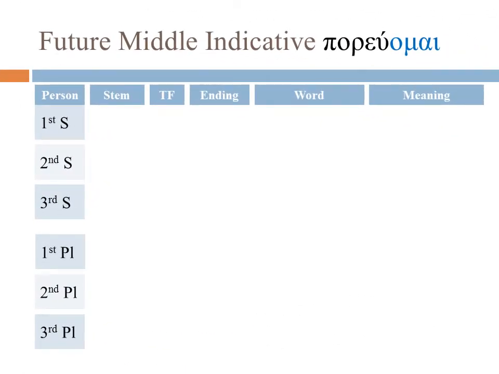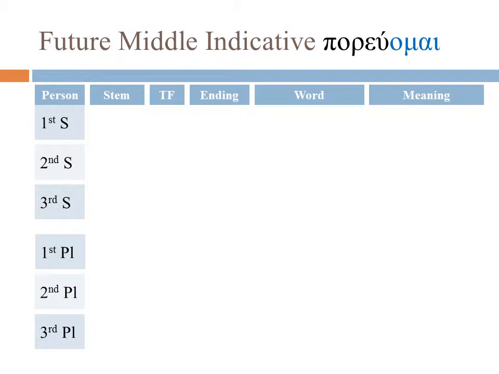The future middle indicative of πορεύομαι, a deponent. One of the things that you want to remember about the future is that it has three separate voices. It has an active, it has a middle, and it has a passive that we haven't studied yet. However, the deponents are the main reason why the middle is used.